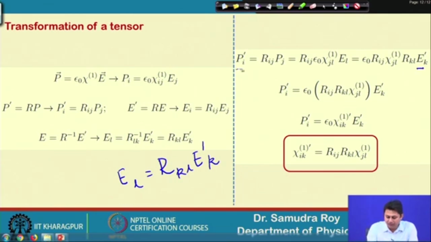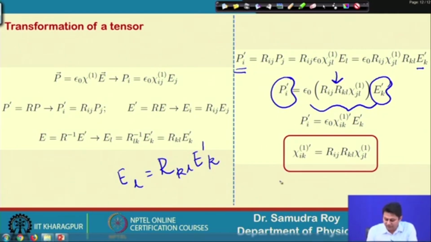So P prime on the left side and E prime on the right side, if I now write it all together, you can see that the left-hand side is in the prime frame and E_k is in the prime frame. So if I write this in the prime frame, the susceptibility, which is essentially a tensor, can be transformed like this.